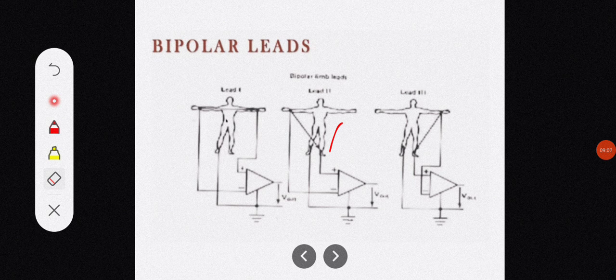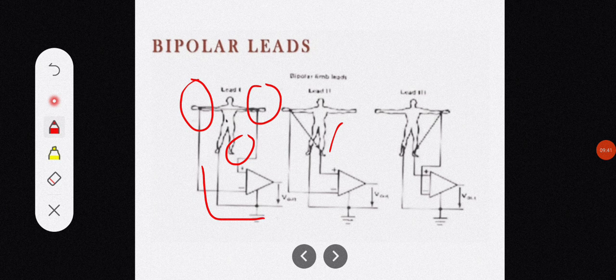Now, because the input of the ECG recorder has only 2 terminals, a selection must be made among the available 3 active electrodes: the right arm electrode, the left arm electrode, and the left leg electrode. We need to choose any 2 of these, and the right leg electrode is used as the ground reference.